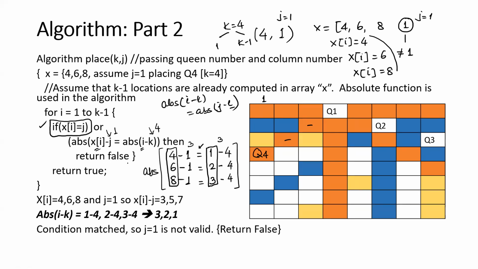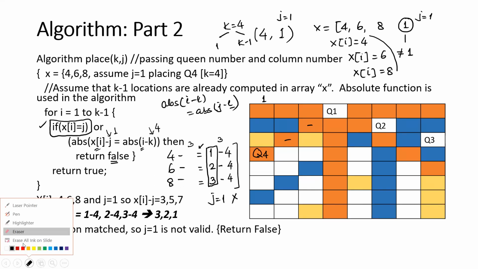So in that case, it is very clear that the value of j equal to 1 is not permitted because it is returning false. Now let us further try to understand whether the value of j equal to 2 is permitted or not. So when the value of j is 2, in this formula, only one part is changed, and that part is nothing but this particular position.